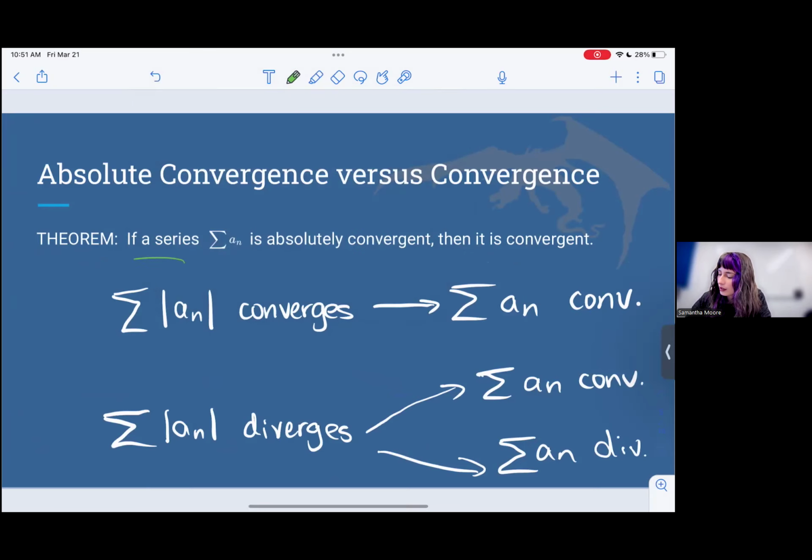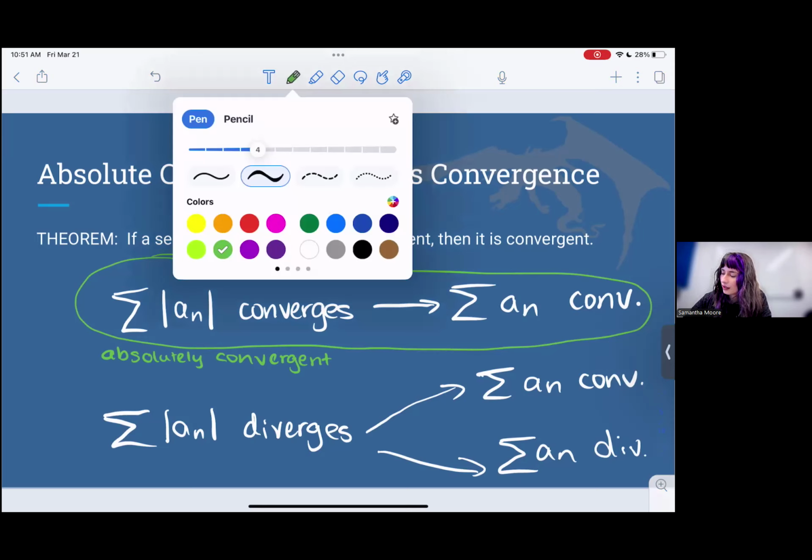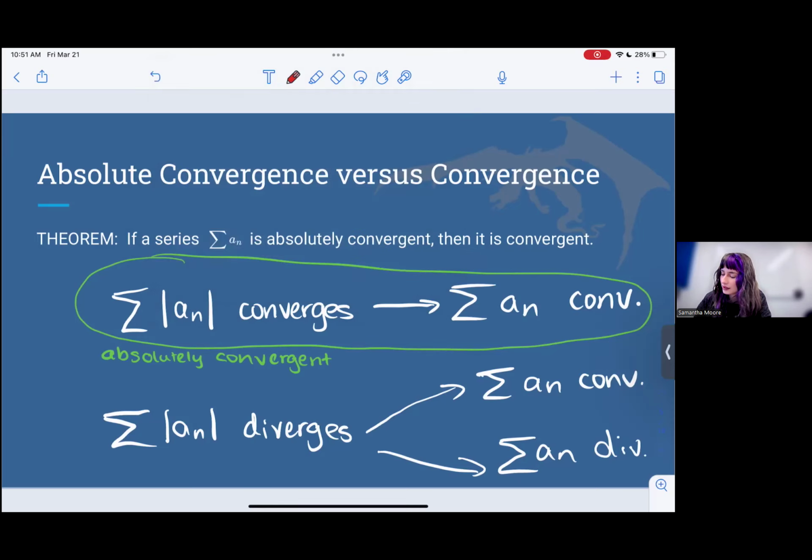We've already said that this setting is what we call absolutely convergent. It's where both the absolute value of the series and the original series are going to converge. This series where the absolute value diverges and the regular series converges, we're about to look at that, and that has its own name.